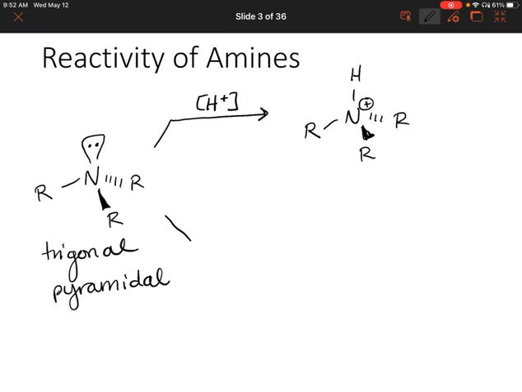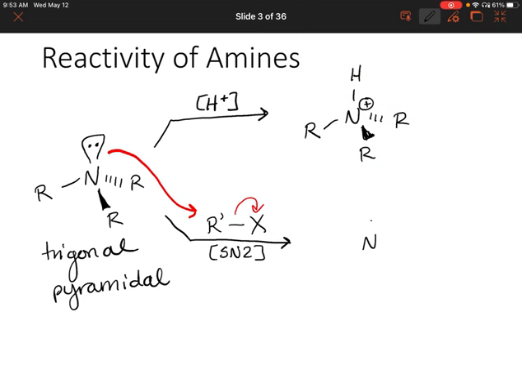And then the other interaction that this nitrogen can have is the lone pair could attack a positively charged carbon. So for instance, if we have an R group or an alkyl group bonded to a halogen, so that's an alkyl halide, we could perform an SN2 reaction where that lone pair attacks the alkyl group and we leave electrons behind on the halogen.